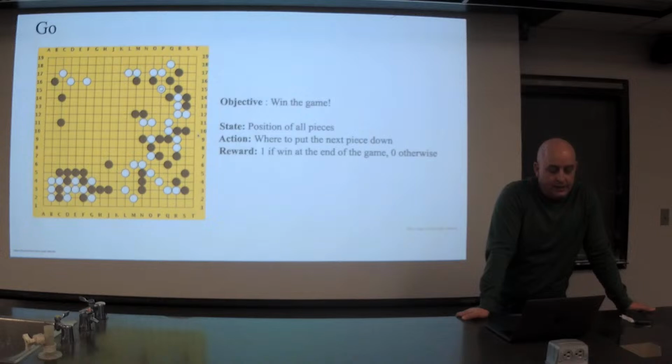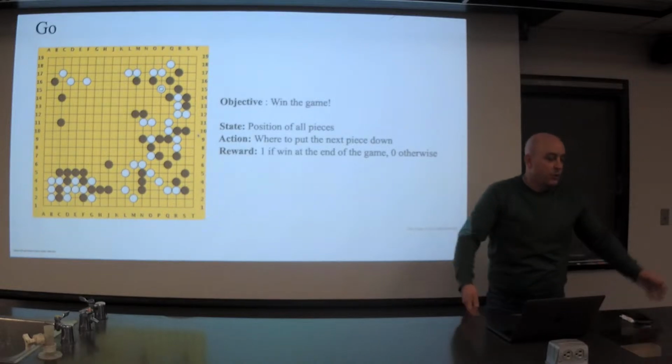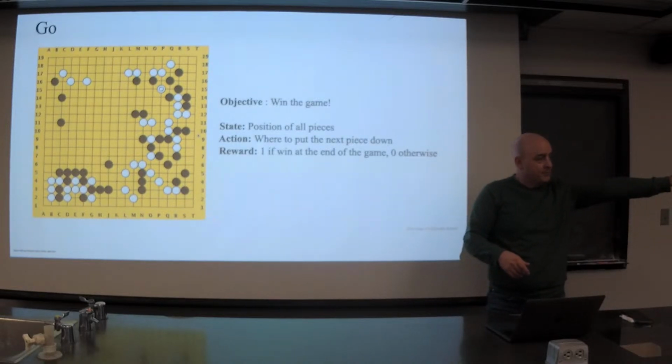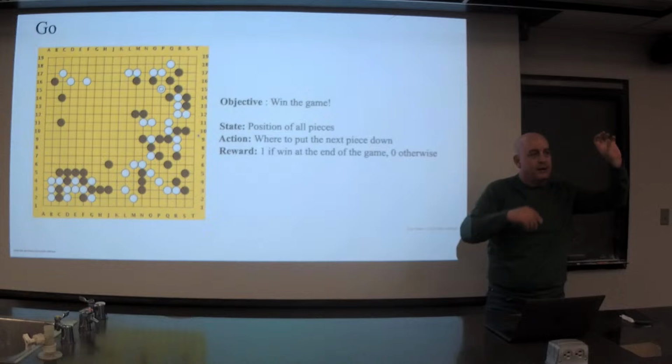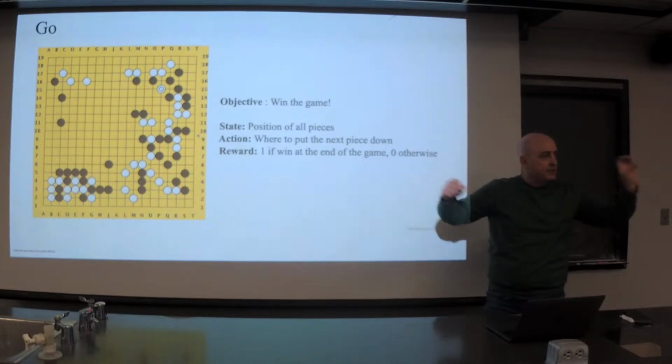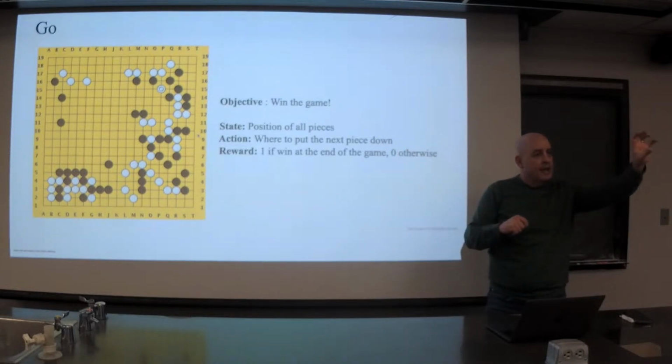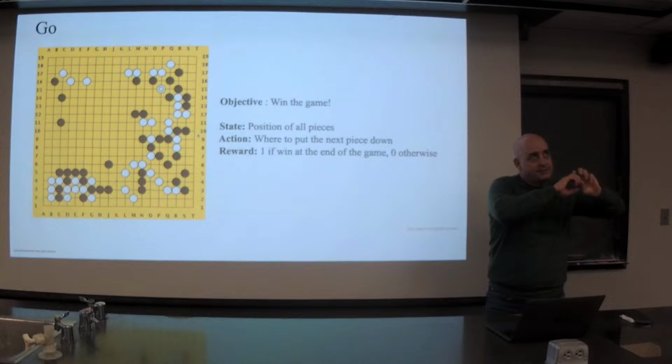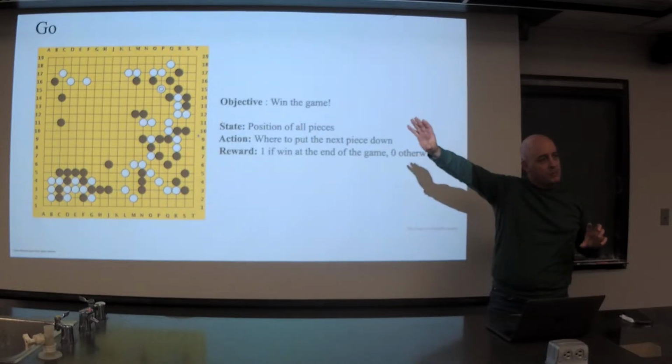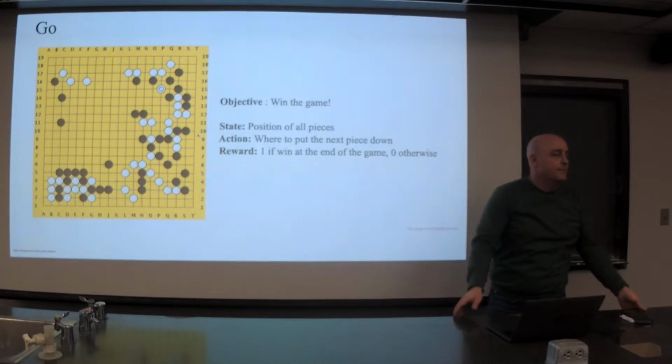you're rewarded in Go by winning the game. Well, in all games like chess, you're rewarded by winning the game. But that could be many, many moves in the future, right?